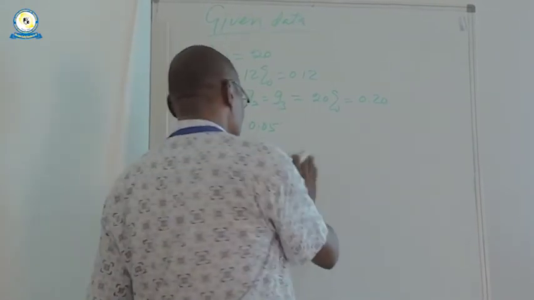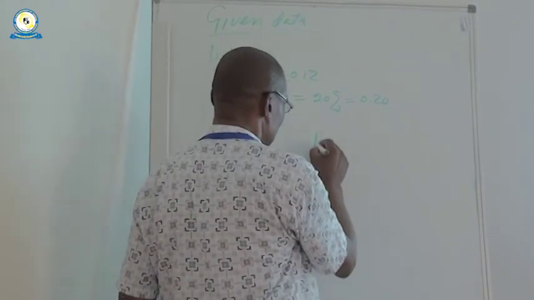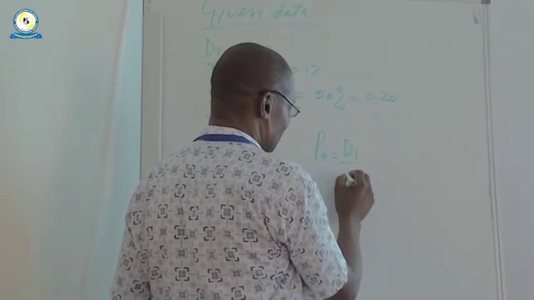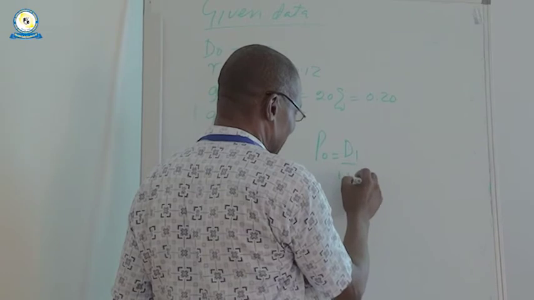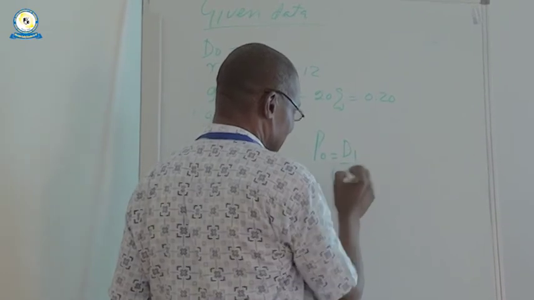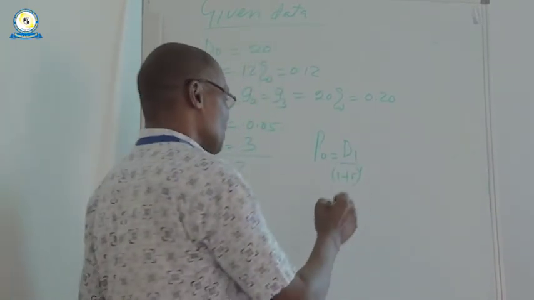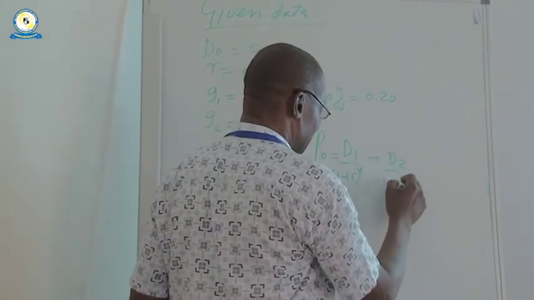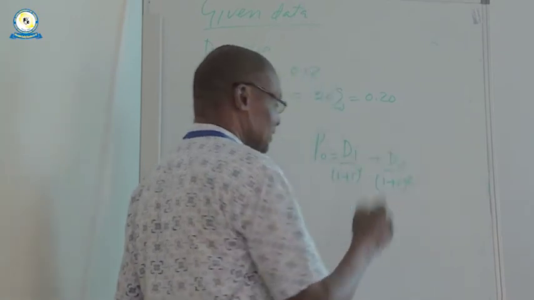Now our formula will be P0 is equal to D1 over (1 plus r) for the first year. Then for the second year, D2 over (1 plus r) squared.